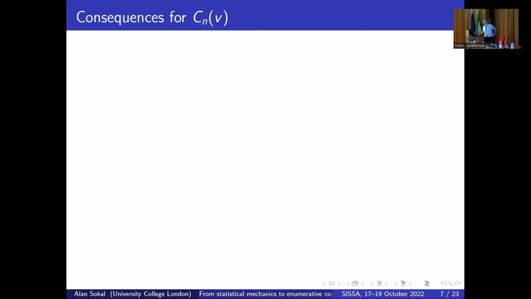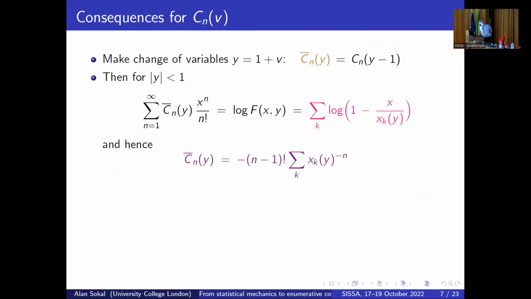So what are the consequences of this for the generating polynomial of the connected graphs? So let's make, as I did, the change of variables y equals 1 plus v. So I will define c bar n of y to be cn of y minus 1. And then for y less than 1 in magnitude, you have this exponential generating function. And then you have log of the deformed exponential function.